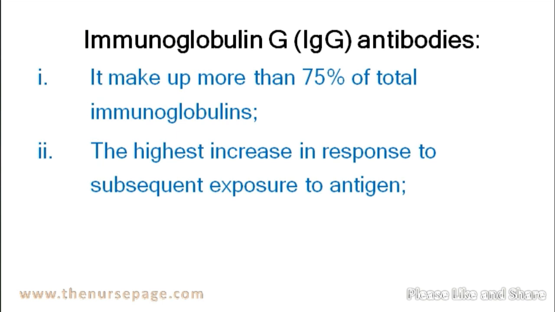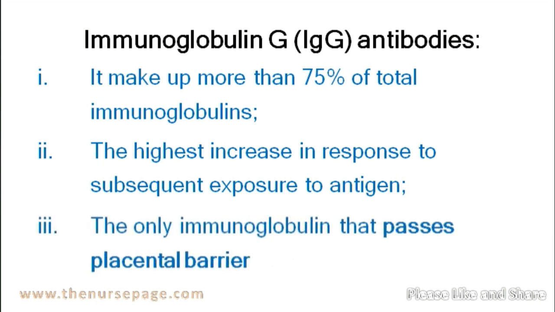So IgG is the second immunoglobulin that increases to a maximum level after exposure to antigen. That is another immunoglobulin we test in viral infections like dengue, IgM and IgG importance.